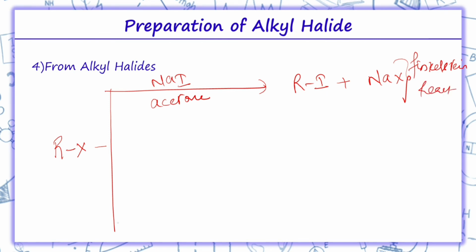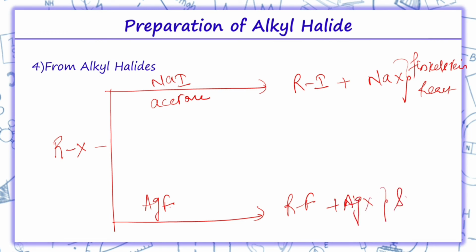Similarly, if we are taking any halide, this is known as halogen exchange. Halogens are exchanged over here. Similarly, if you are taking halide and we are taking AgF, here basically fluorides will be formed. When fluorides are formed, this reaction is known as Schwarz reaction. So this is how we can prepare alkyl halide by halogen exchange method.